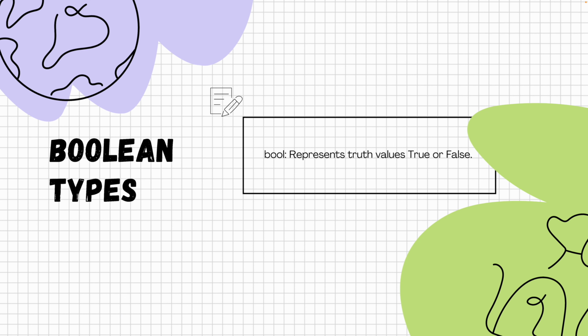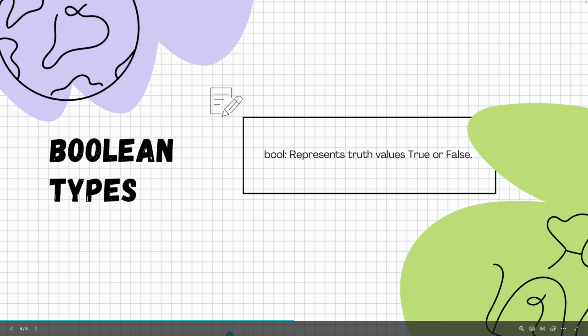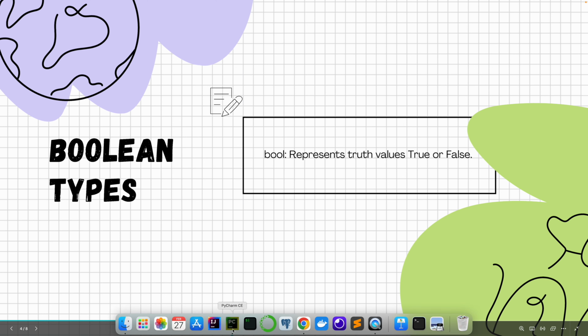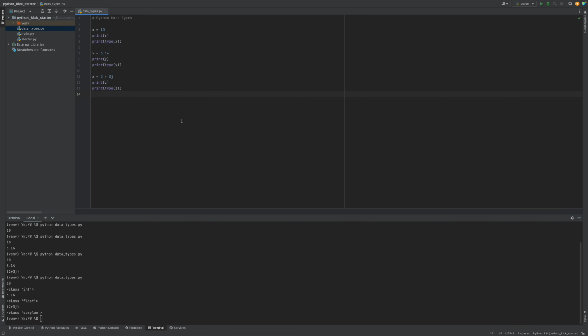Let's continue with the next data type, Boolean types. Boolean is generally referred to as bool in Python and it represents just true or false. Even 0 or 1 for that matter also represents Boolean. So let's try to declare a variable as Boolean. Here again we'll do the same thing.